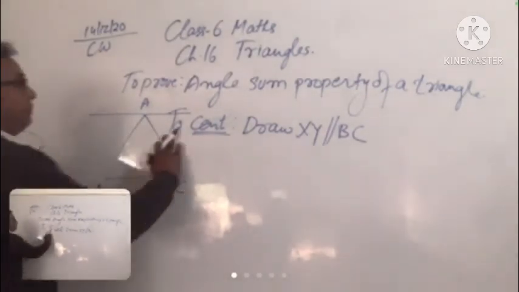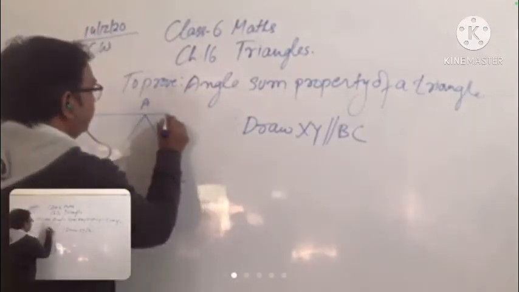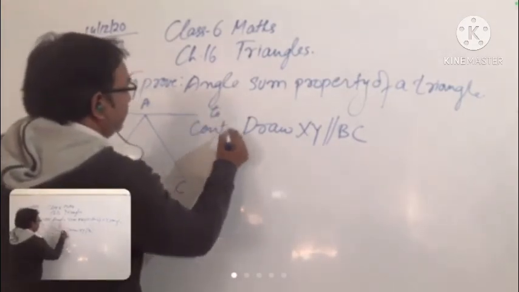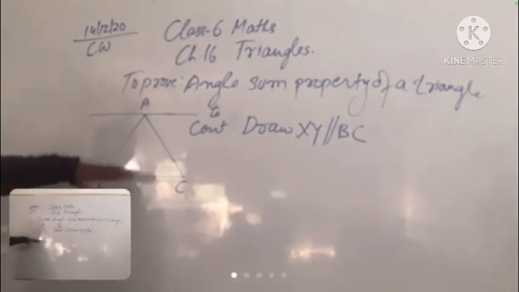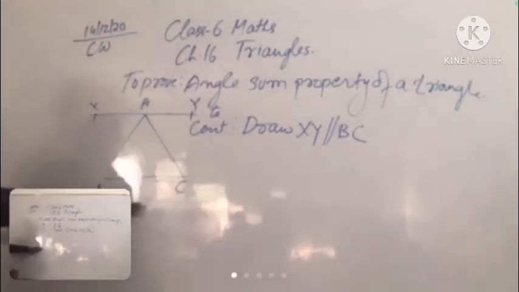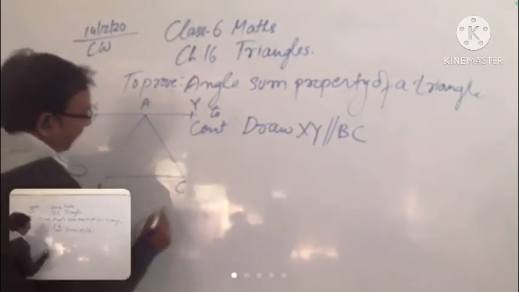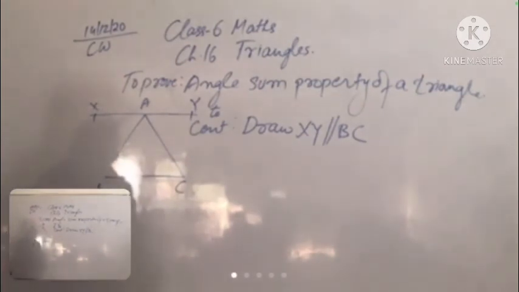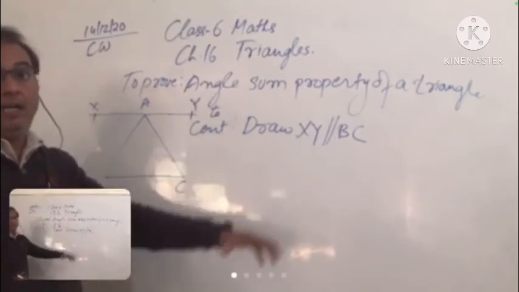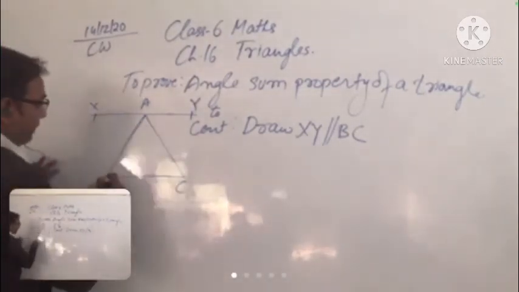Then you have to write the angles. Whatever numbers you want to give, you can give. But in this video I give angle B as 1, angle C as 2, angle A as 3, then angle XAB is number 4 and angle YAC is number 5.